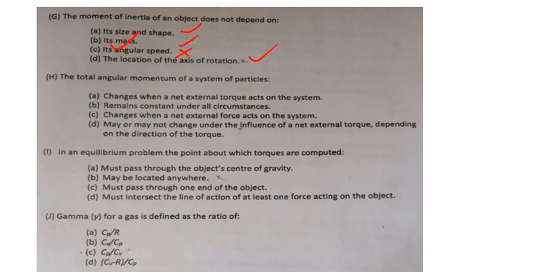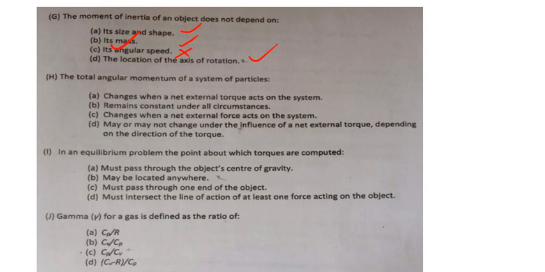We come to H, the total angular momentum of a system. The total angular momentum of a system of particles changes when a net torque acts on the system, remains constant under all circumstances, changes when a net external force acts on the system, may or may not change under the influence of a net external torque depending on the direction of the torque.